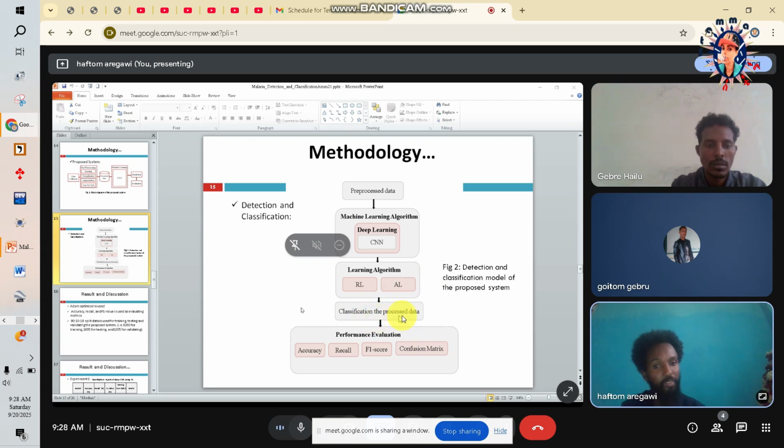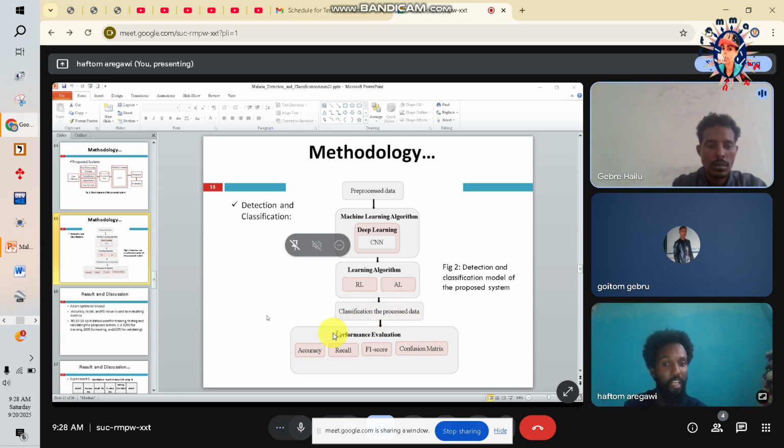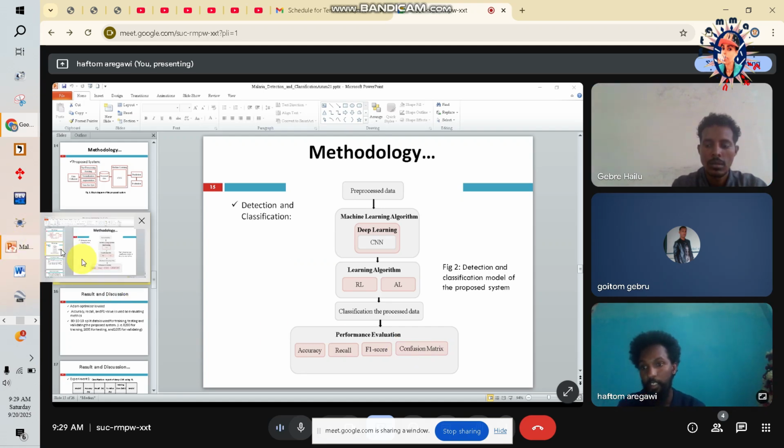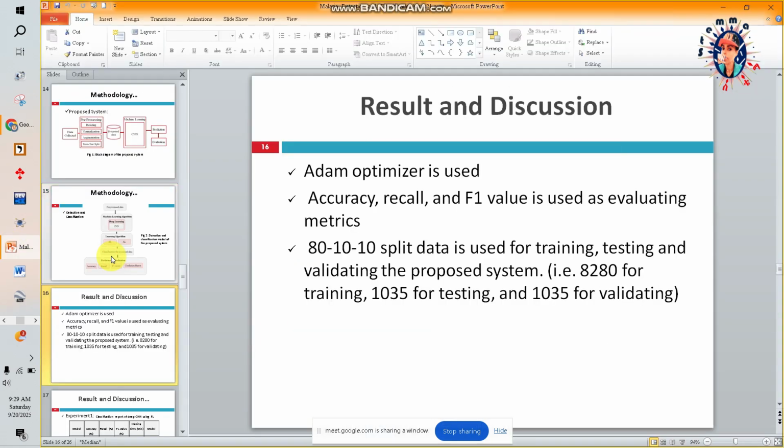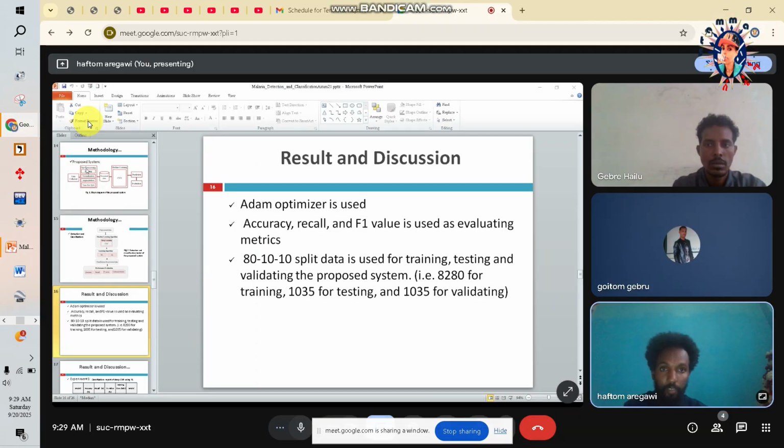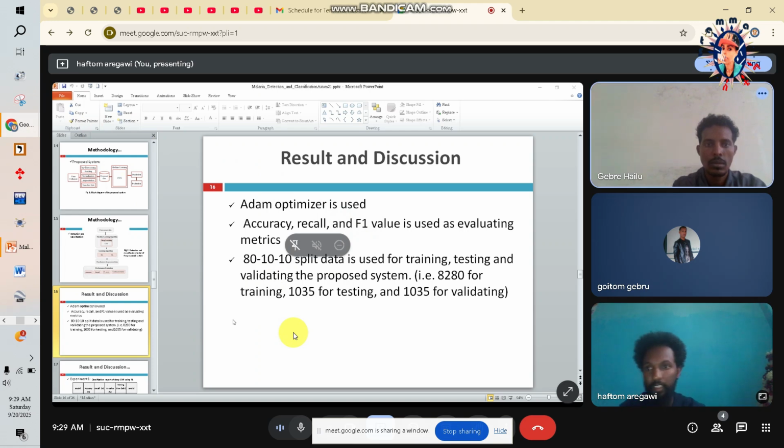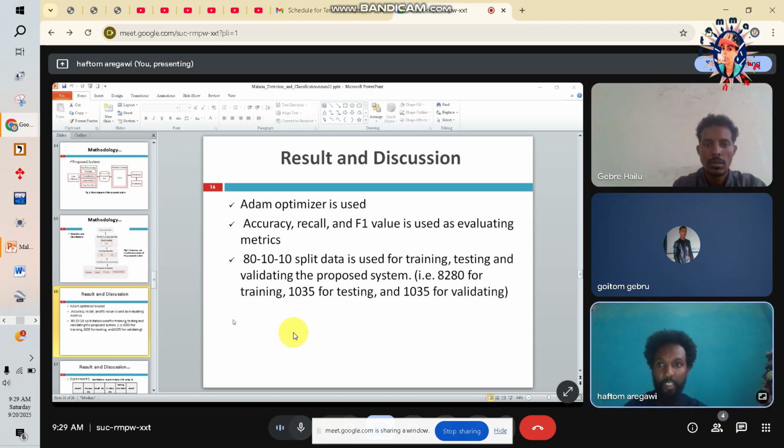After the classification of the processed data, we evaluated their performance based on accuracy, recall, and so on. When we got the result, in the result indication, the ADAM or adaptive optimizer is used.